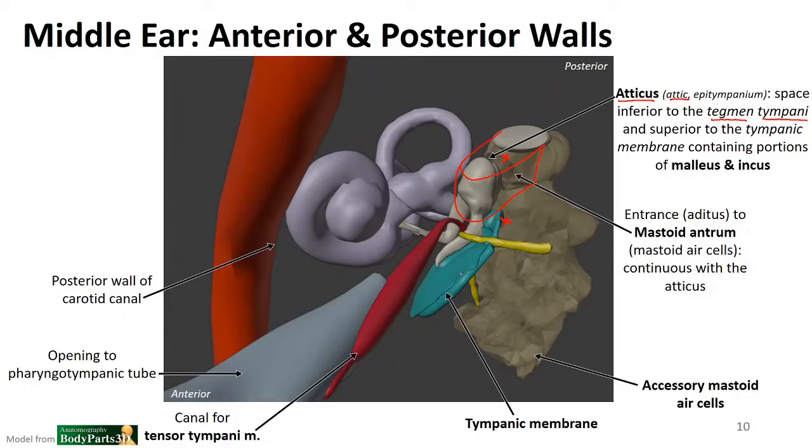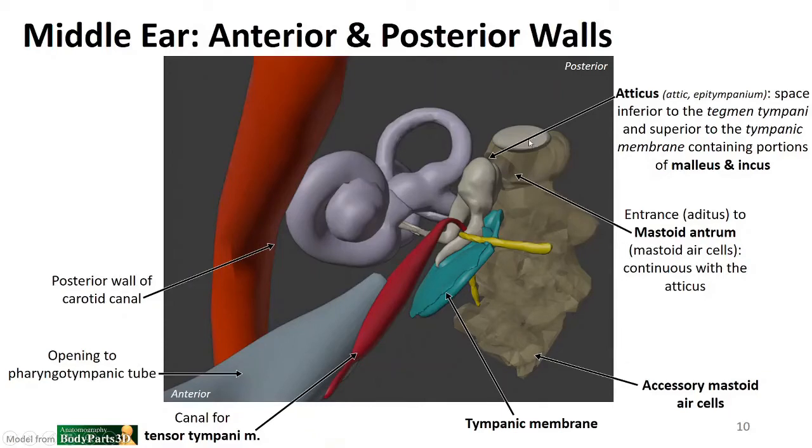So you can imagine it like an attic above a living space. We saw most of our middle ear structures more inferiorly here, and then just above it, we see the malleus and the incus, portions of them, extend into this space. And the space is also continuous with the mastoid antrum.